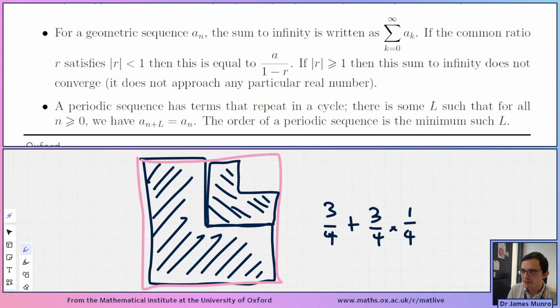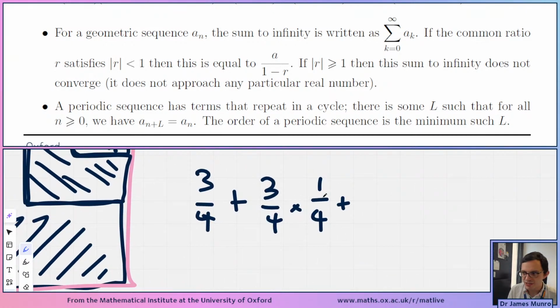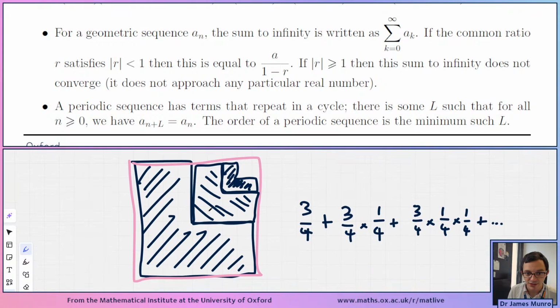I'm going to do it again. So if I zoom in here, I'm going to highlight 3/4 of this square, which is, oh gosh, it's tiny, isn't it? It's 3/4 of 1/4 of 1/4.